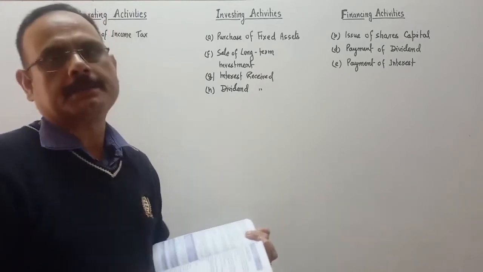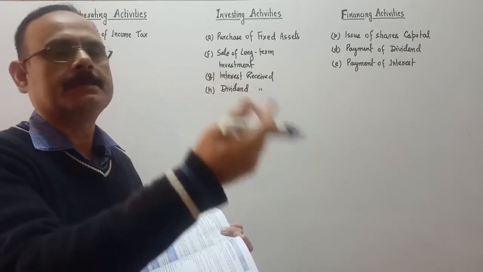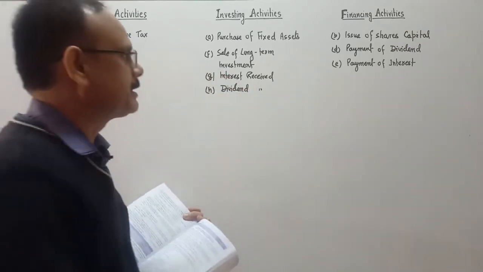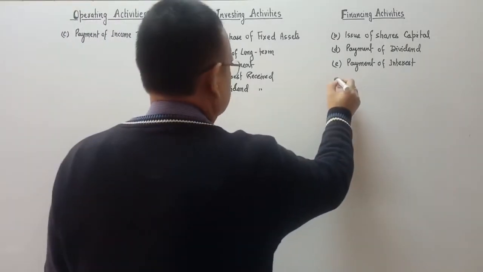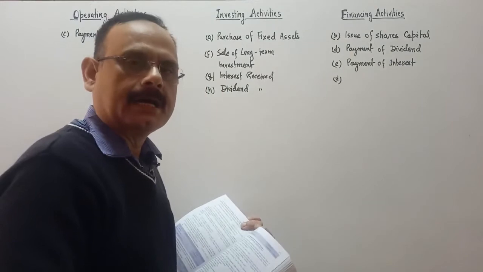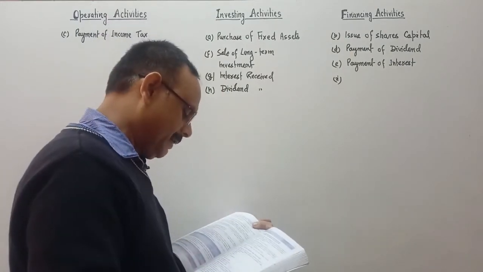Repayment of long term loans: when we pay the long term loans or borrowings, it comes under the financing activities. It's an outflow of cash and cash equivalent under financing activities.